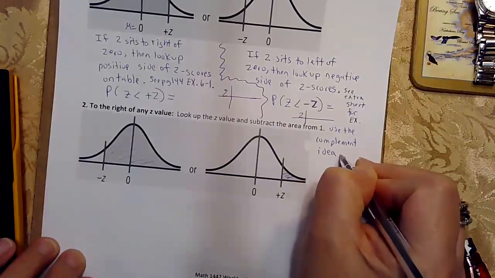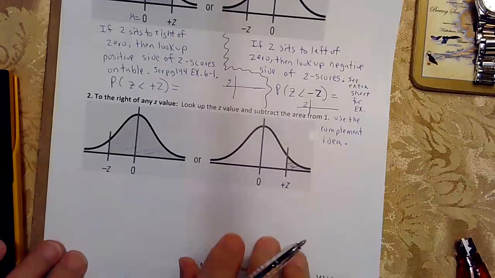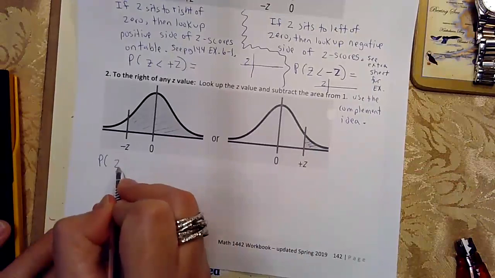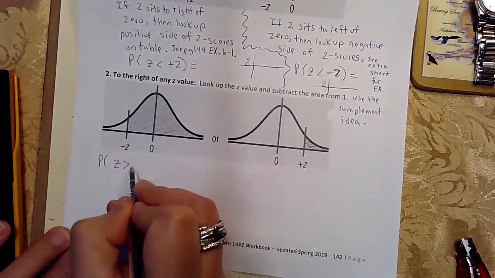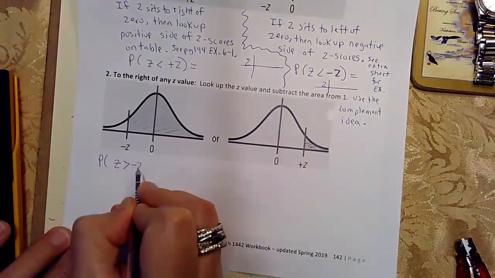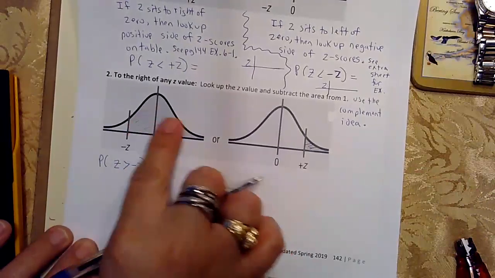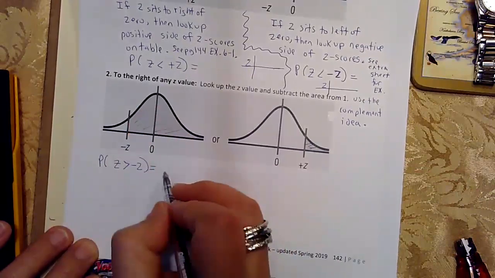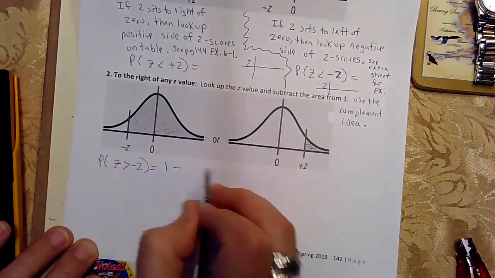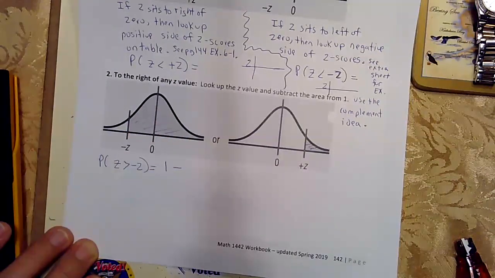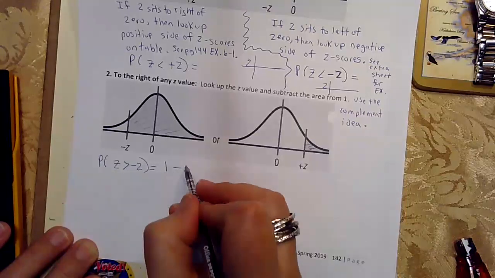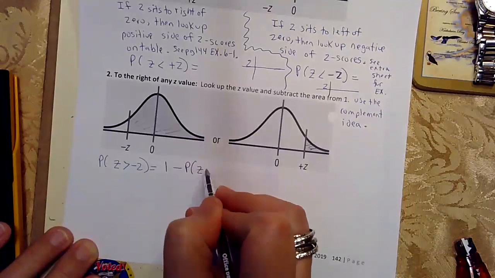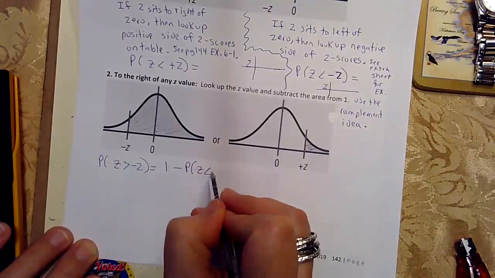Here, this would say probability of z is greater than negative z. So you want to find this area, and they're saying to use the complement: 1 minus the probability of z is less than negative z.